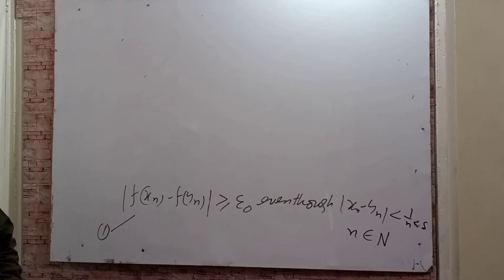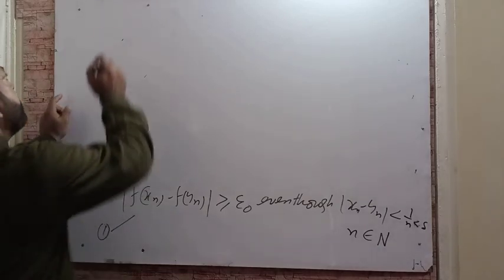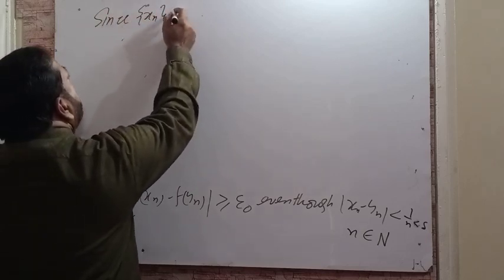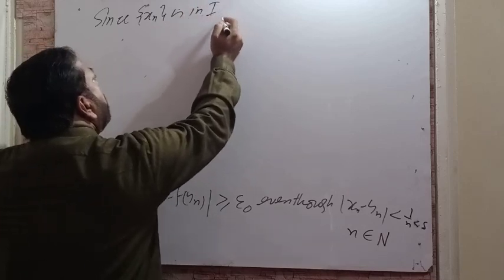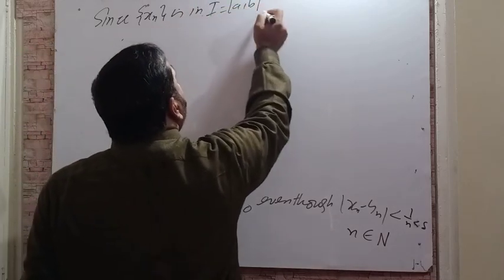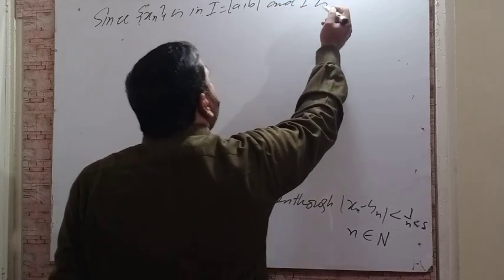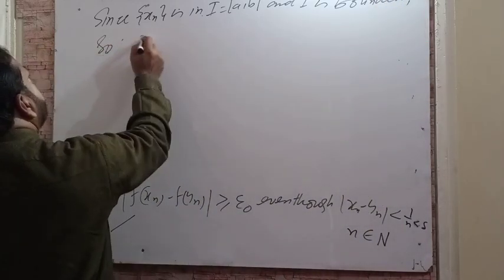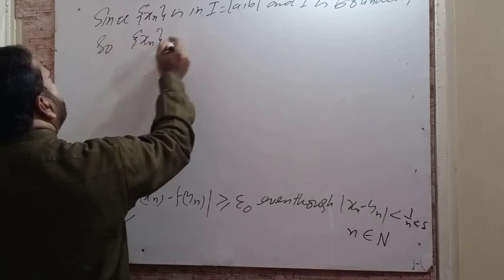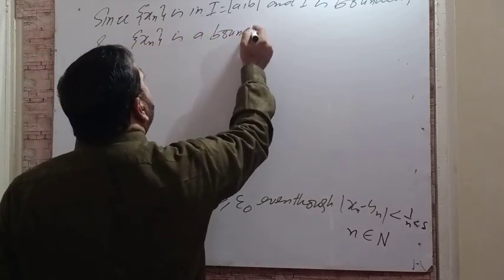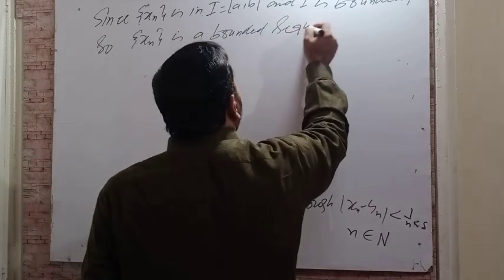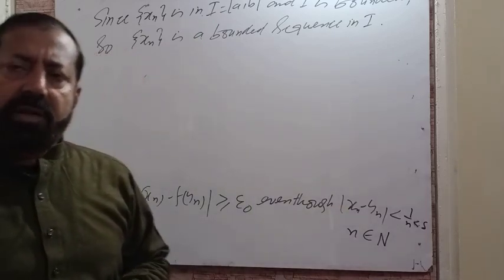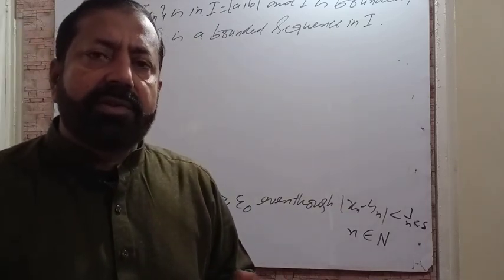Since xn is a sequence in I, which is equal to [a, b], and I is bounded, xn is a bounded sequence in I. And you know by the Bolzano-Weierstrass theorem that every bounded sequence has a convergent subsequence.